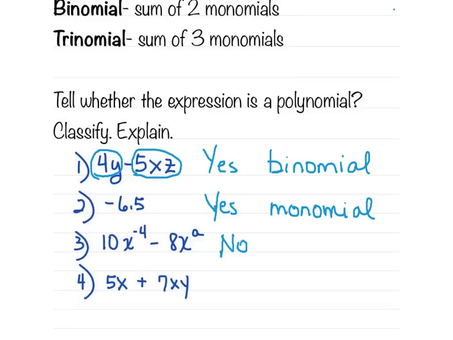First of all, 10x to the negative 4th has an x in the denominator, and also negative 8x^a has a variable for an exponent, so we don't know what a is. So no, this is not a polynomial. And number 4, we have 5x plus 7xy. Is this a polynomial? The answer is yes. And again, it's a binomial.